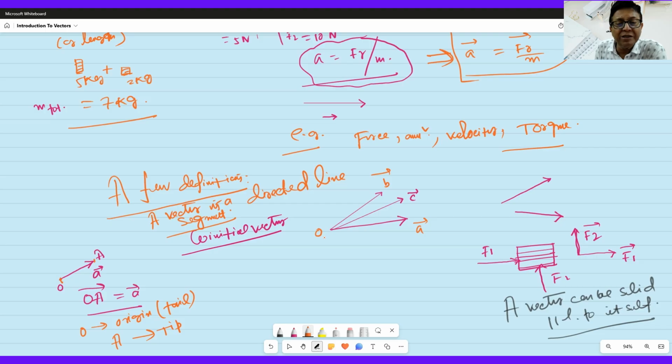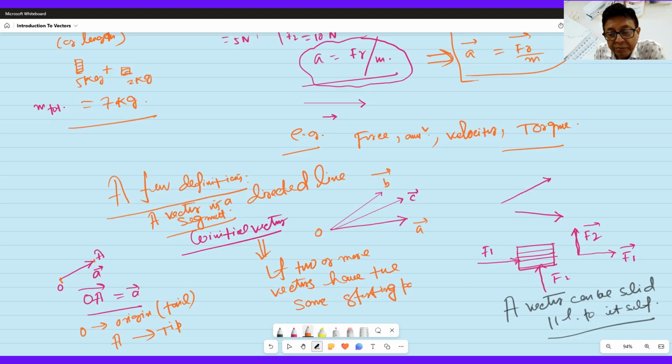Co-initial vectors are what then? If two or more vectors have the same starting point, they are called co-initial vectors.